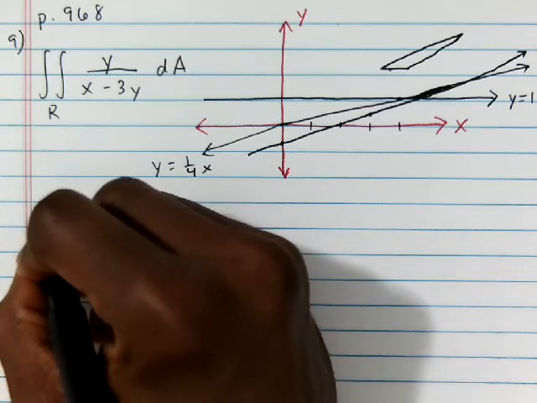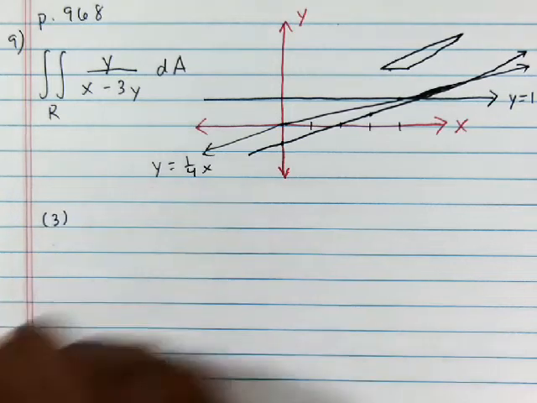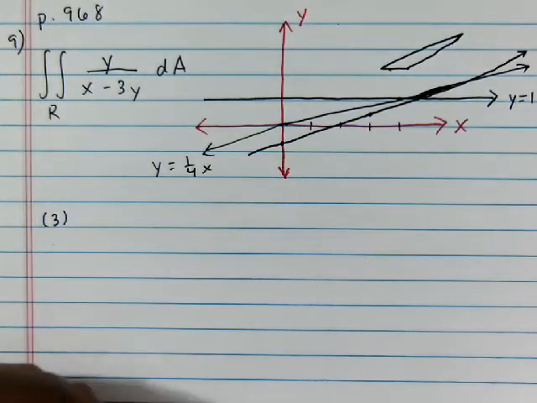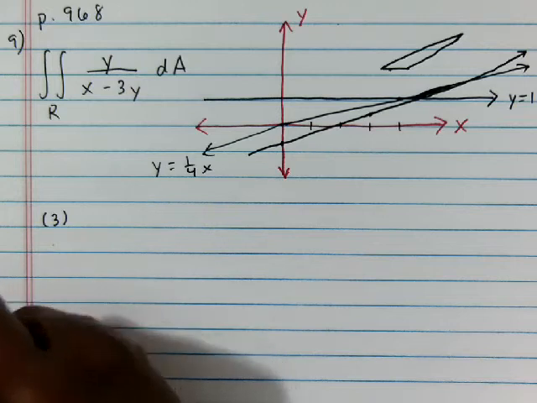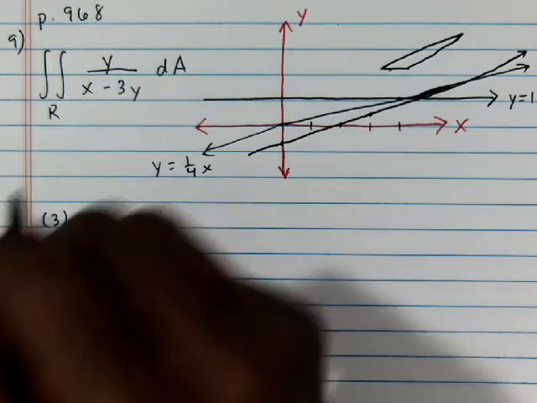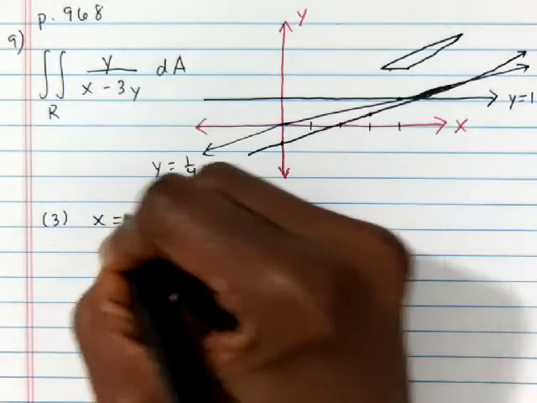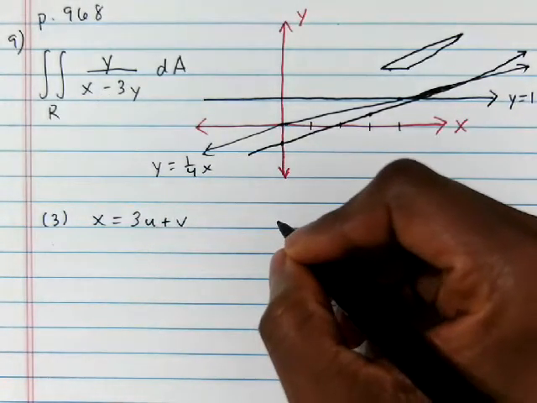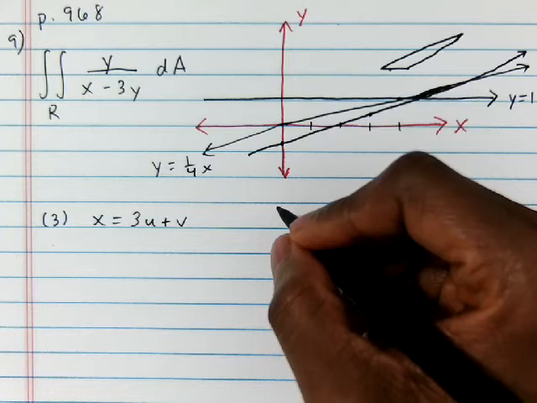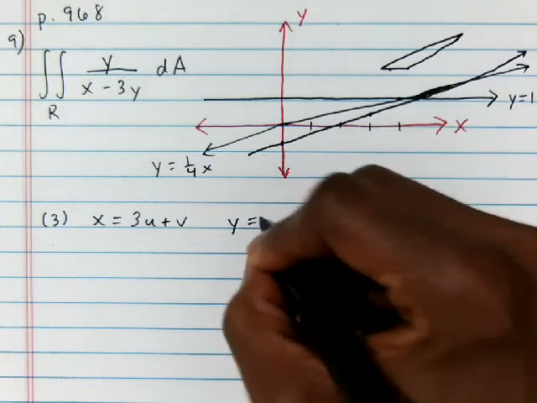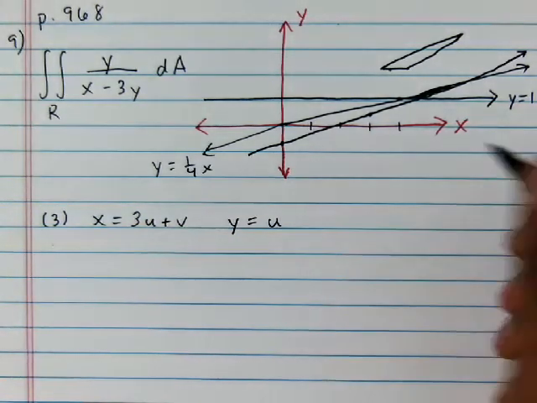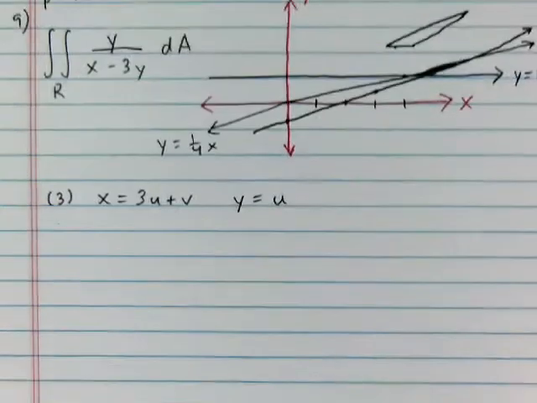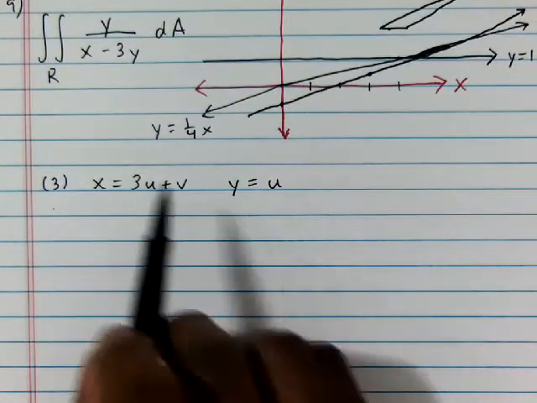So they gave us step 3, where you solve for x and y, and they gave us x equals 3u plus v, and y equals u. And you'll see in this problem that I don't really need this sketch. So now we have that.